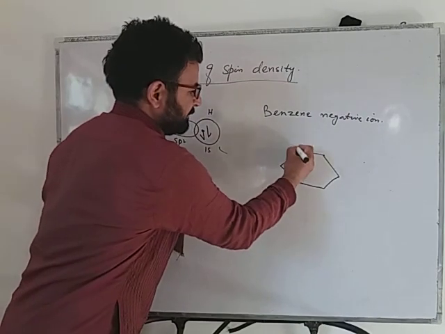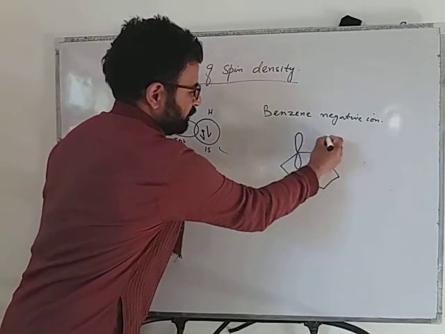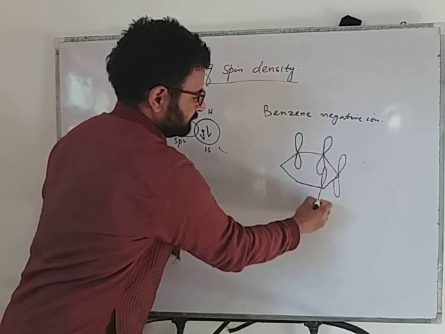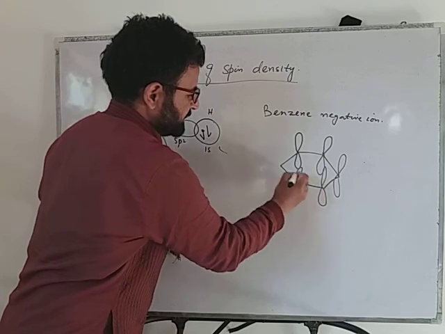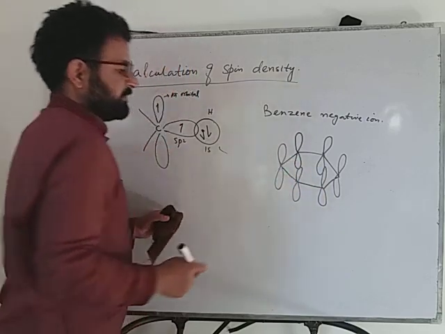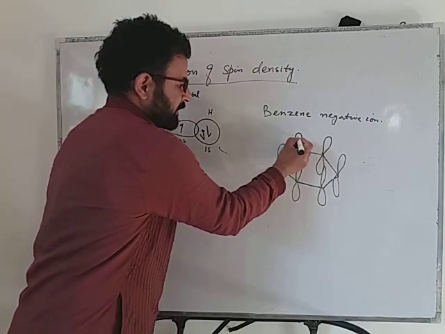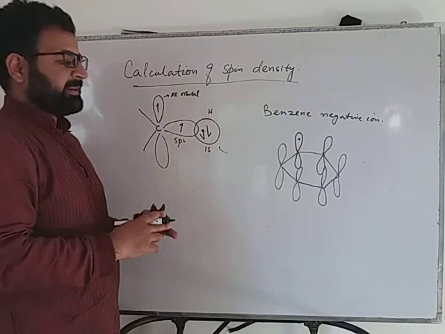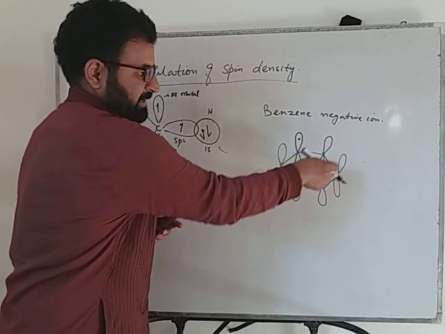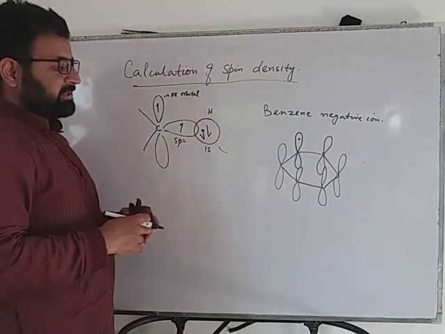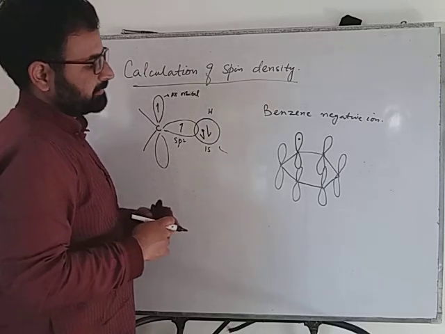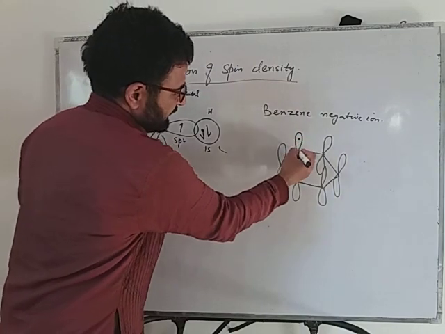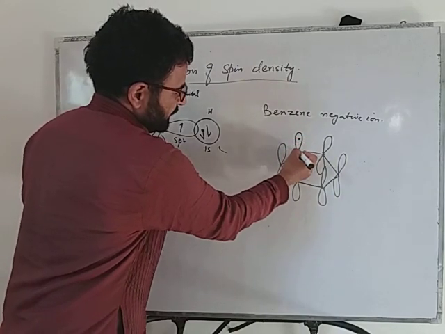You know that the p pi orbital will be perpendicular to the plane of the benzene ring, so it will have 6 unhybridized p pi orbitals, and the unpaired electron will be delocalized in these p pi orbitals, which actually forms the ring current in this benzene ring.